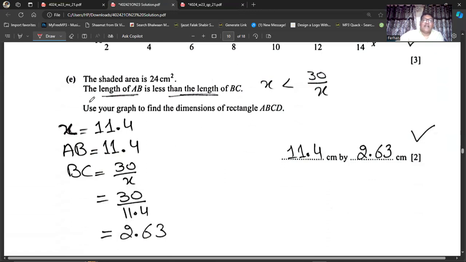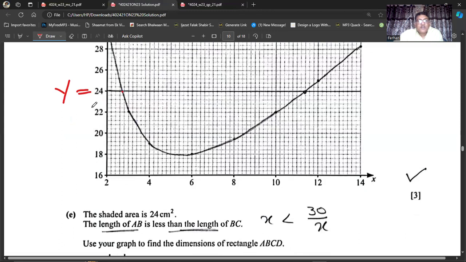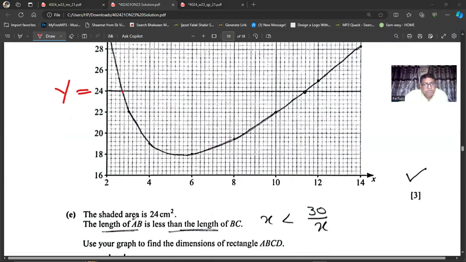So there are two values of x. One is this value. How much is it? It is 2.2, 2.4, 2.6. It's almost 2.7. So this value is 2.7.